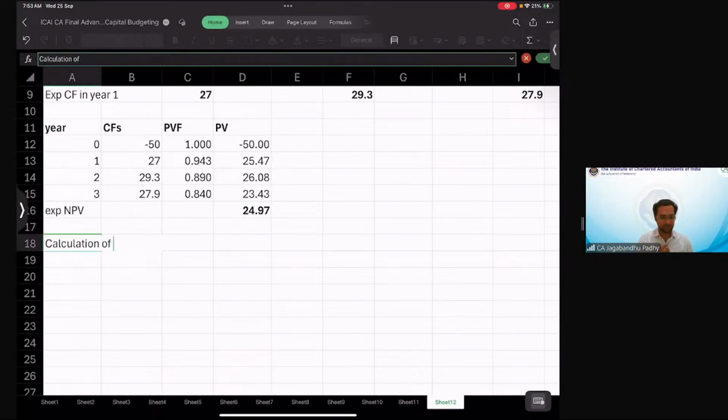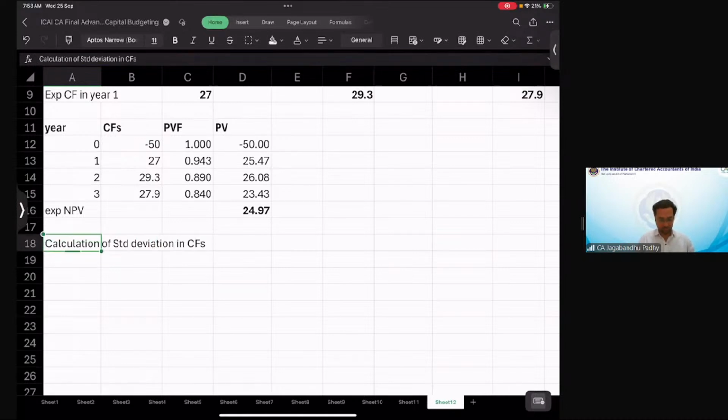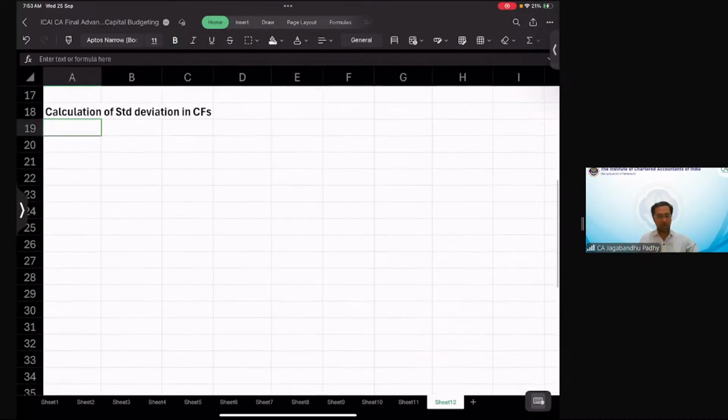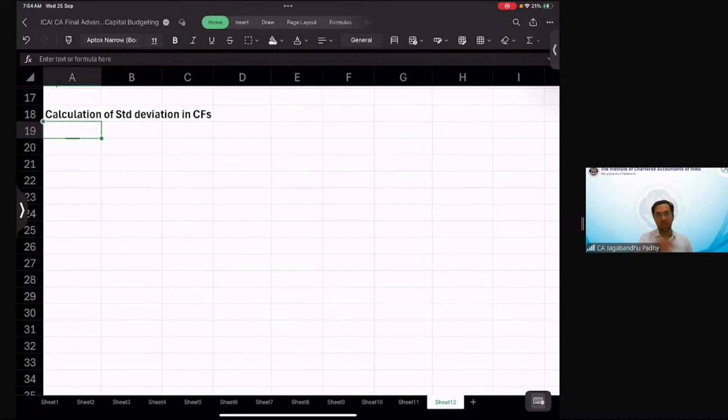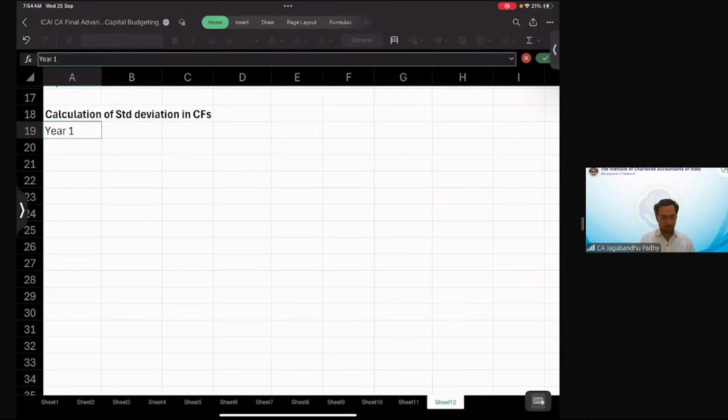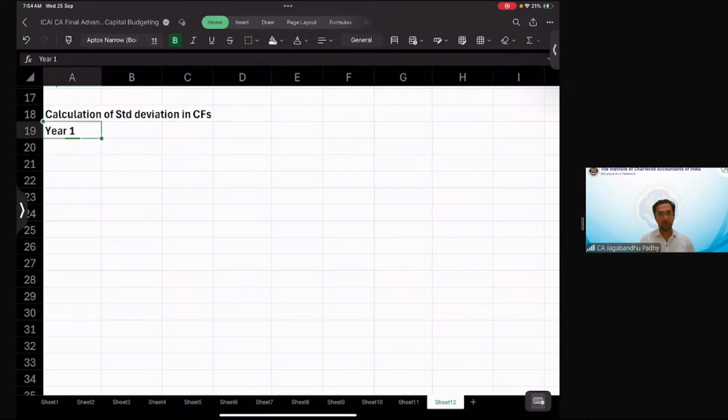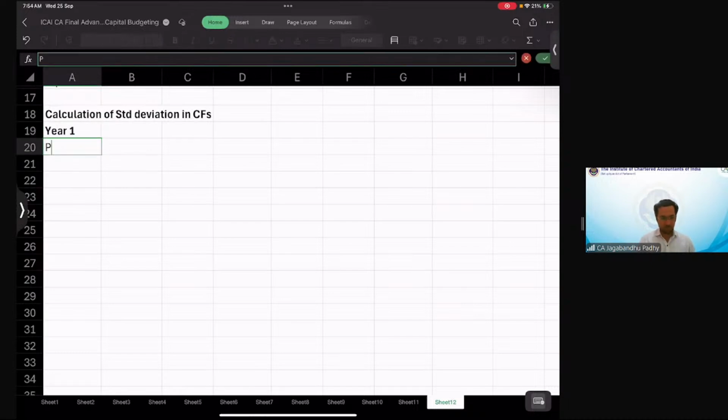So let's first compute the calculation of standard deviation in cash flows. Okay, so when we're looking at calculation of standard deviation in cash flows, of course, I need to get it for the years separately. So let me do it for year 1 first. In the year 1, we need to have the probabilities and the cash flows.